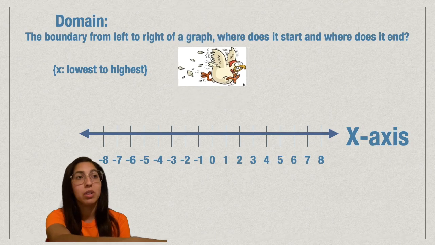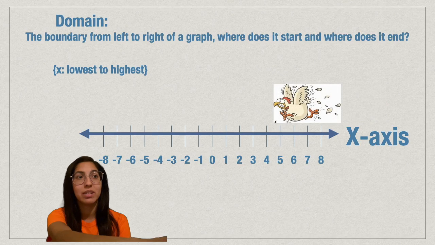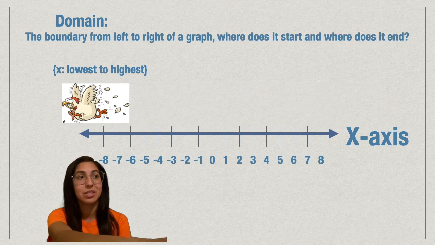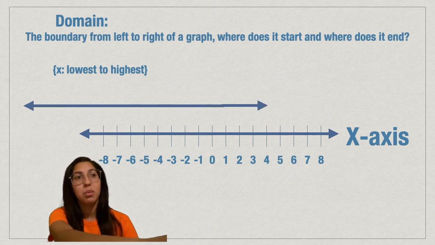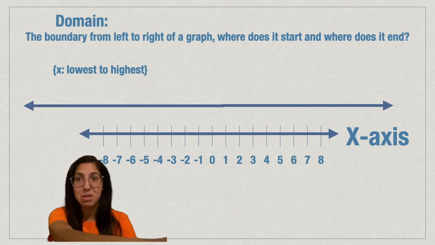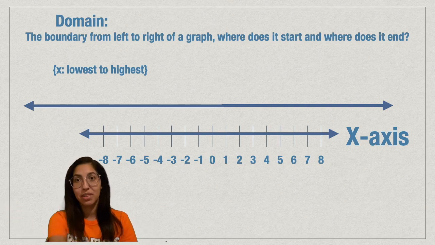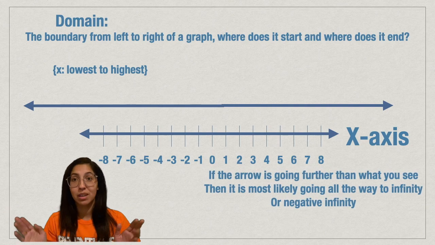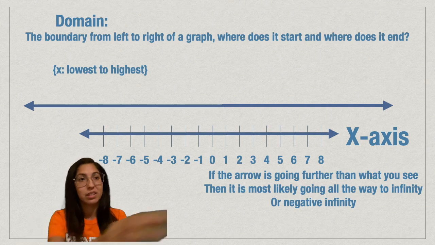So we are going from left to right, not from right to left. Just be aware of that, left to right. If our picture on the graph happens to extend past the number line, we just make the assumption that it is going towards positive infinity and towards negative infinity, because we can't actually see the start and end point.